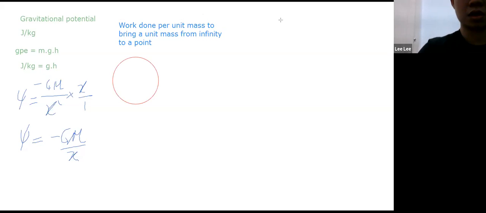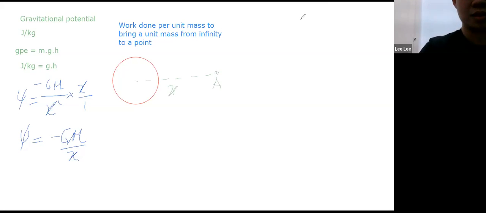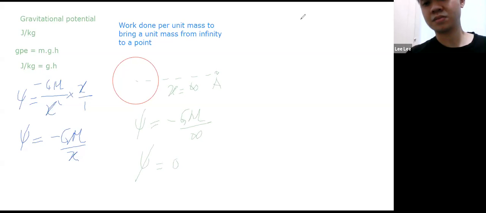So the x is the distance to the center. When the x is infinity, we have gravitational potential equal to negative something divided by infinity. So the gravitational potential is 0.